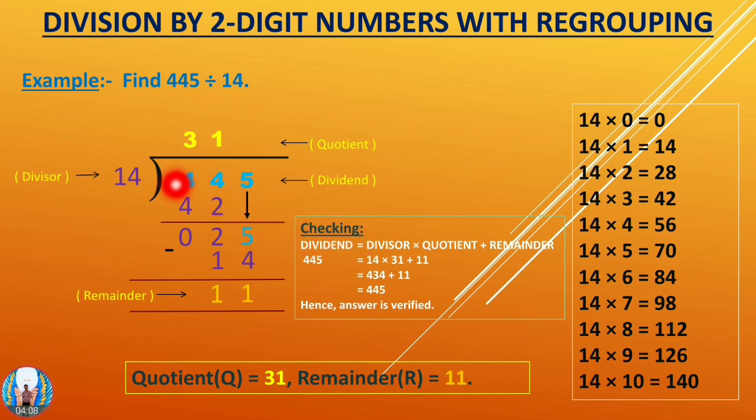In this case, 445 is the dividend, the divisor is 14, the quotient is 31 and the remainder is 11. So we multiply divisor and quotient, that is 14 times 31, that is 434, and then we add the remainder 11 to get 445, which is the same as the dividend. So here the same number is coming in both places, so our answer is true.